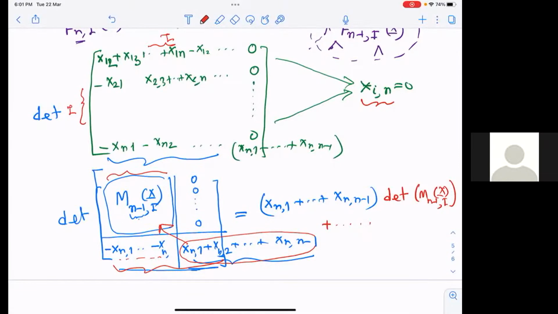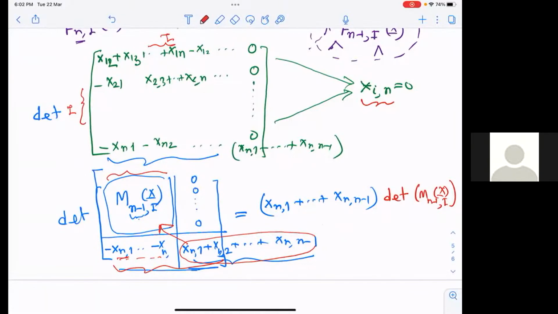Is it true? Because there is no choice. Anything you take from here, you have to take something from here, and that will be 0. Not clear? It's clear, sir. Clear? Okay, good. So that means these additional terms are all 0.